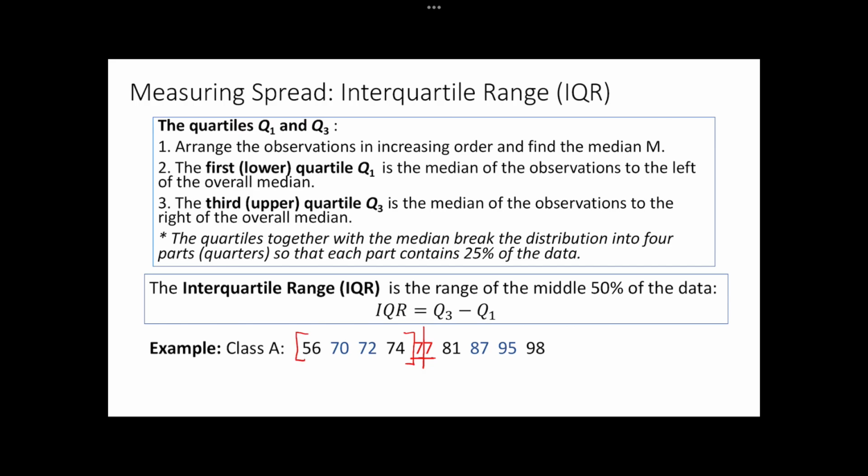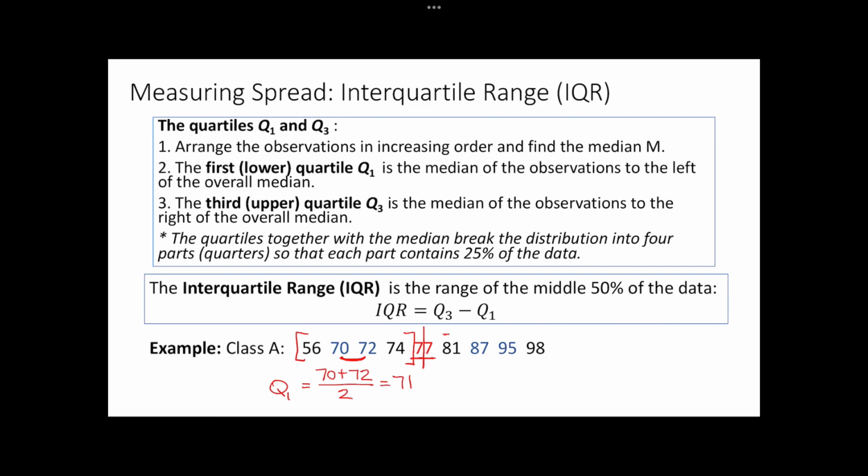And so if I wanted to find the center of those 4 numbers, or the median here, it's going to be here in the middle of these 2 numbers, 70 and 72. So I'm going to add 70 plus 72 and divide by 2. That gives me 71. So my first quartile is 71.